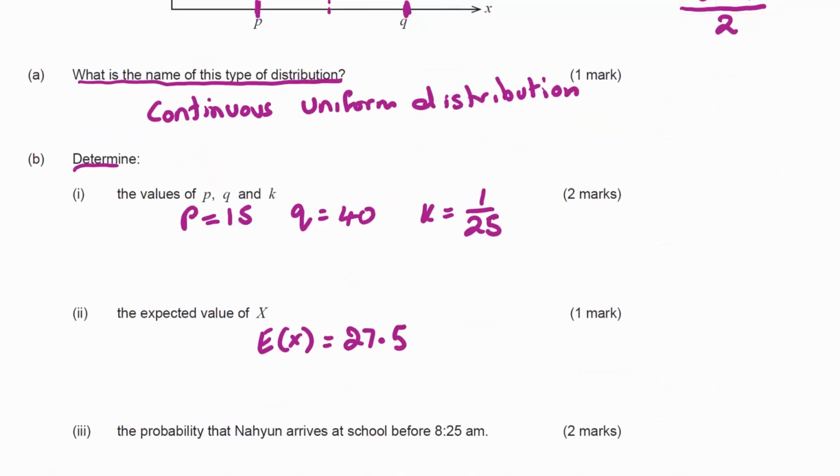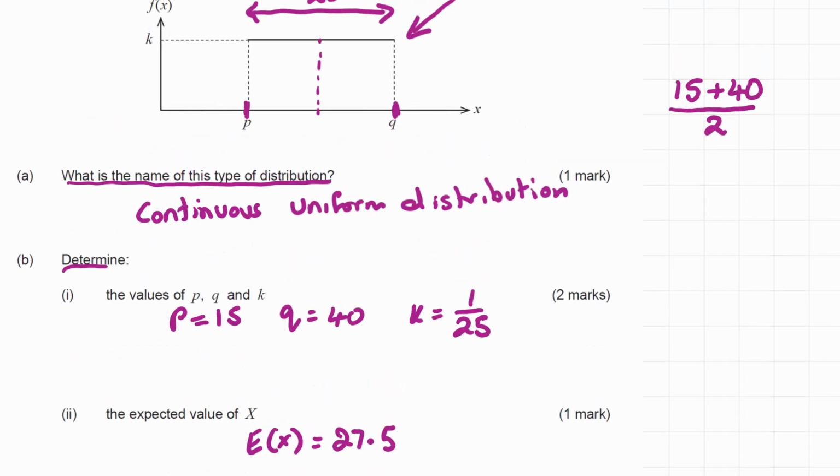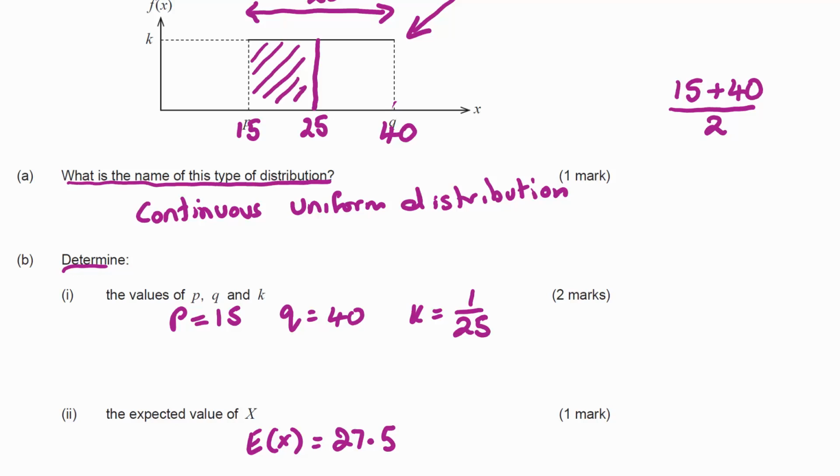We then want the probability that Nyan arrives at school before 8:25. So let's go back to our rectangle. And we know that this is 15, and this is 40, and we discussed the fact the width of the box is 25. So 8:25 would be here, and we want this probability.